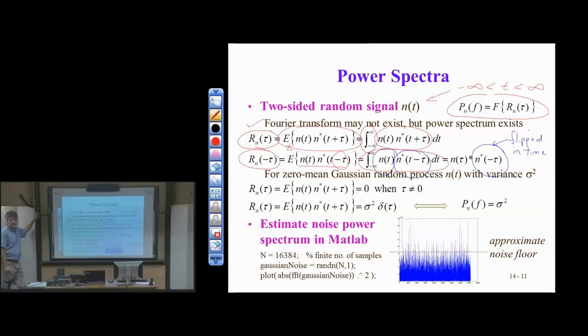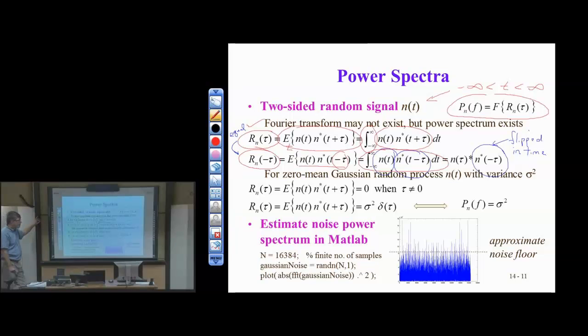The good news is that these two are equal because of symmetry: Rn of minus tau is equal to Rn of tau. We now have a convolution effect to compute autocorrelation, and then to get the power spectrum, we take the Fourier transform.